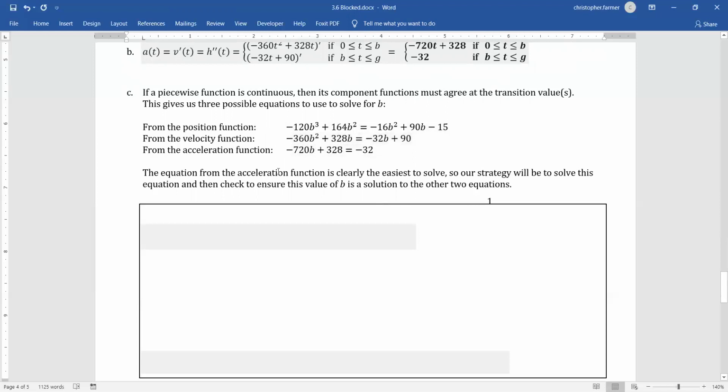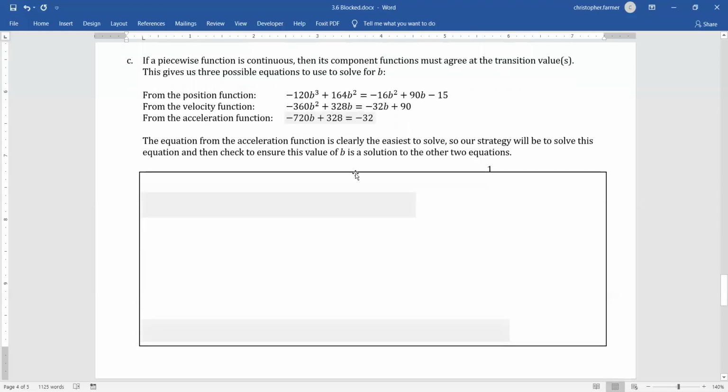But finally, the acceleration function is really straightforward. Right? That's by far the easiest of these equations to solve, and there is just going to be one answer. So we'll solve this, find the value of B, and then verify that the same value of B works for the other functions as well.